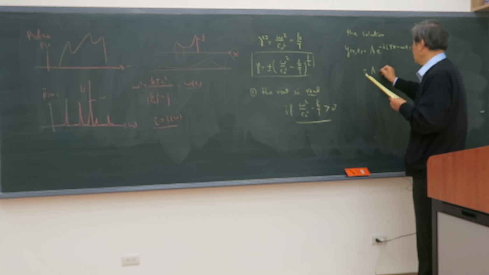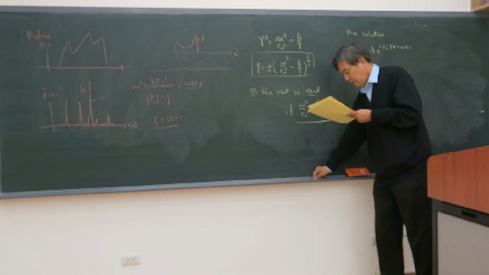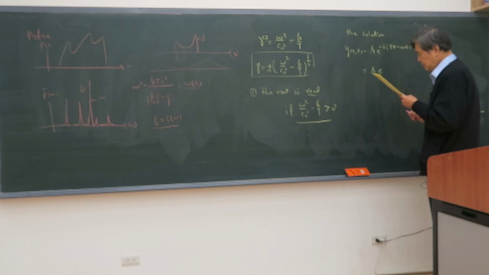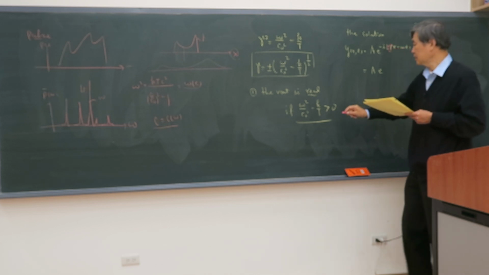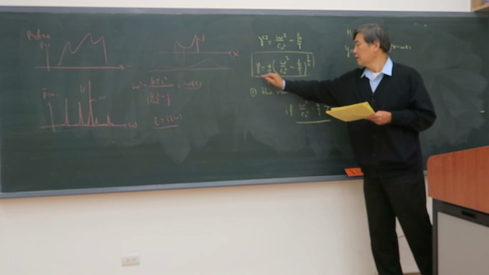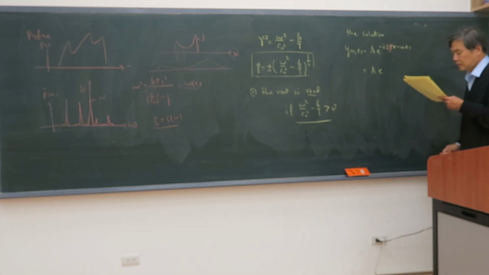It becomes A e^{i(±γx − ωt)}, of this form.